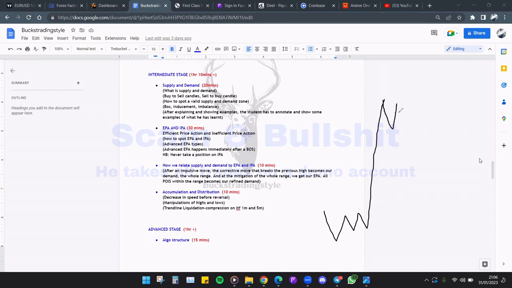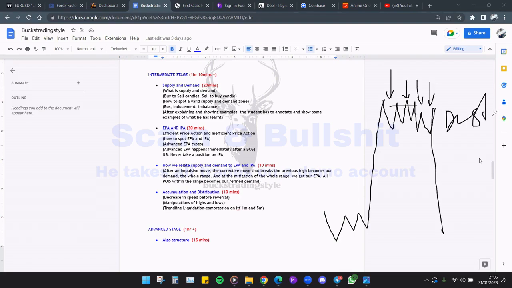If it wants to reverse, price is going to slow down, giving us different reasons to take sells before reversing. This right here is distribution. When price is coming down and wants to reverse, we are going to see accumulation, or probably we call it a range, before going back up, giving us reasons to buy from here.